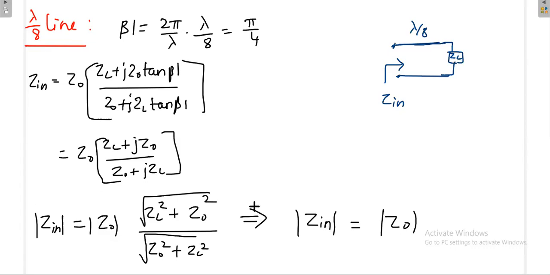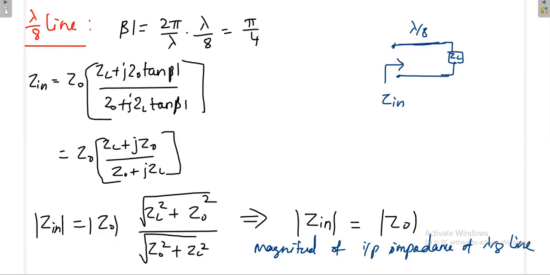The magnitude of the input impedance of a lambda by 8 line is the same as the magnitude of the characteristic impedance. One thing you have to note down here: finally we are getting mod Zin is equal to Z naught.